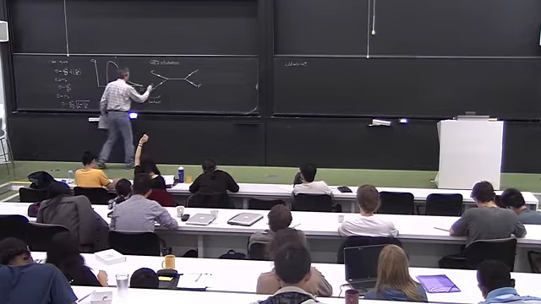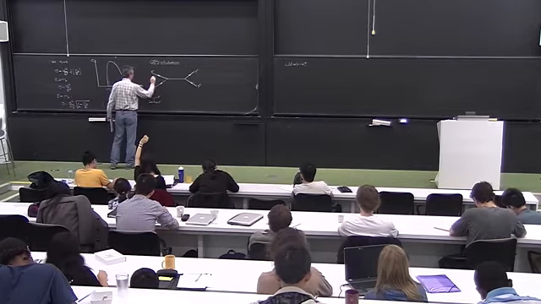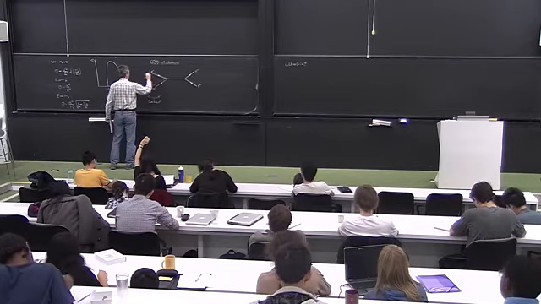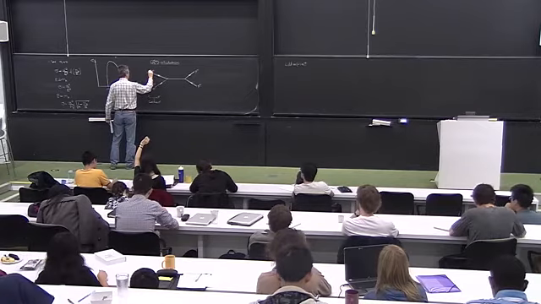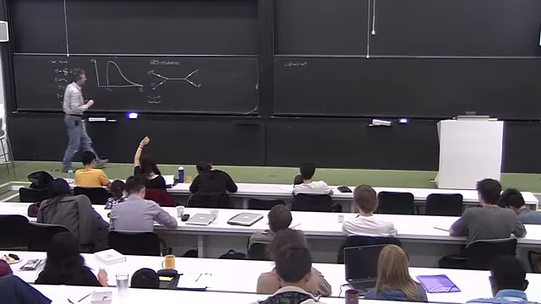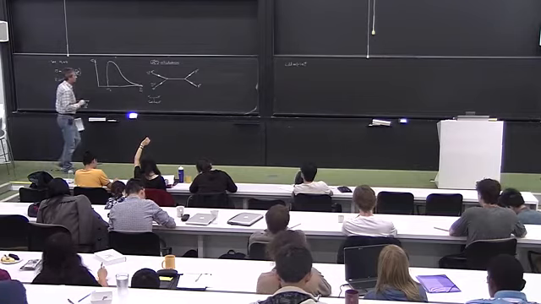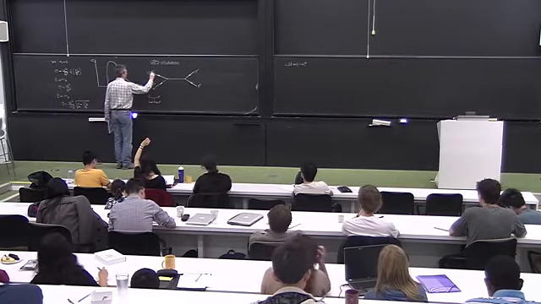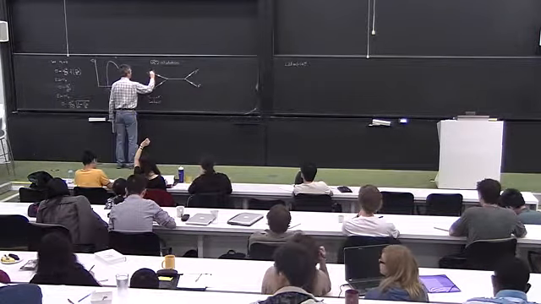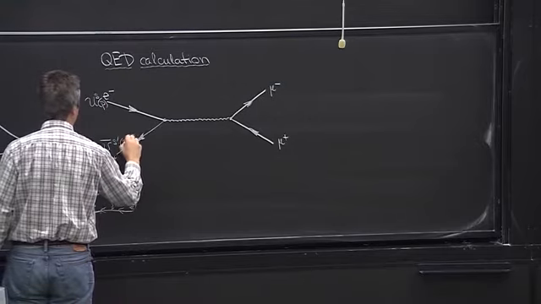Okay, so let's assign spin s prime here. So the incoming electron has the wave function u, and we say that it has spin s and momentum p. And this has momentum p prime.